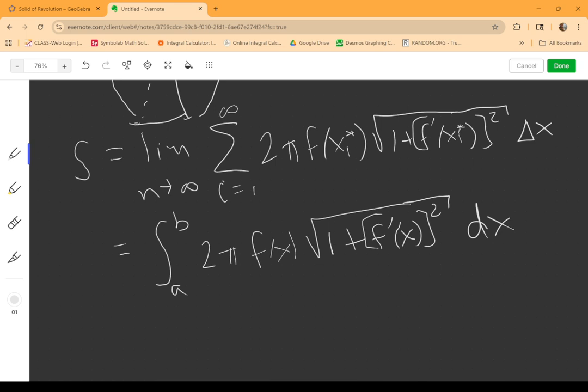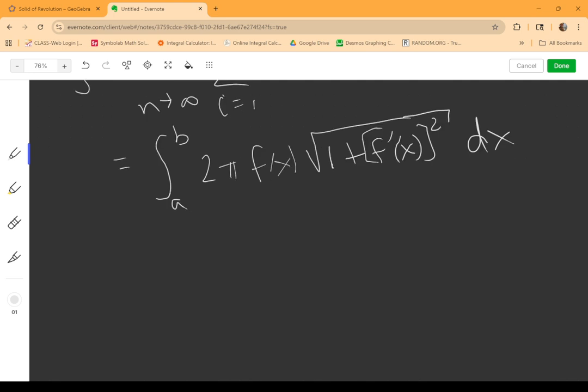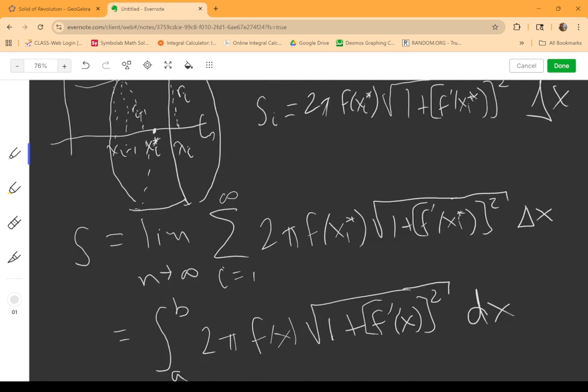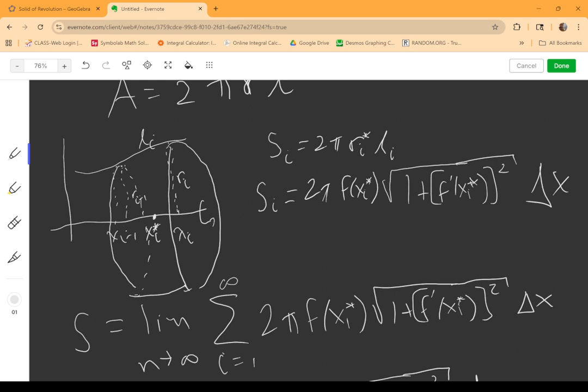All right, and again, all this is with rotation across the x-axis. Now, if we're rotating across the x-axis and the function is defined in a manner that's easier to do the other way, and so again, we'll define this c and d.